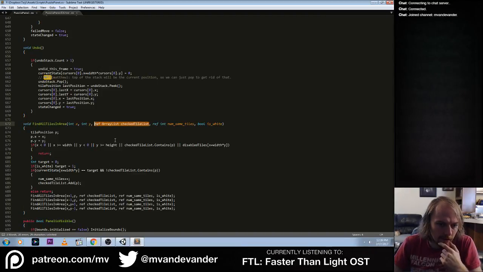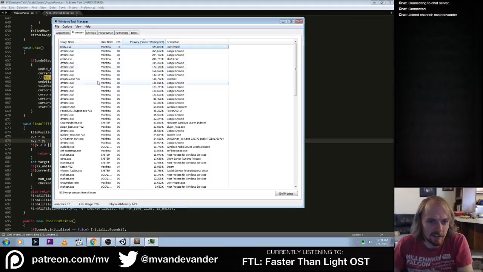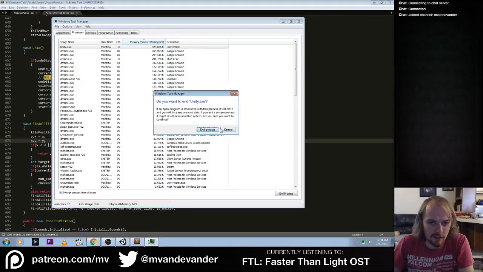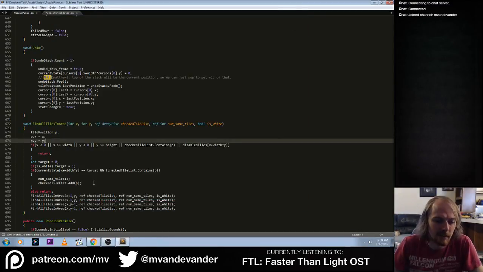Right through this reference, but I don't know. It's going to be a lot of killing Unity on this thing. It's just still allocating memory. What is it doing? I don't know.